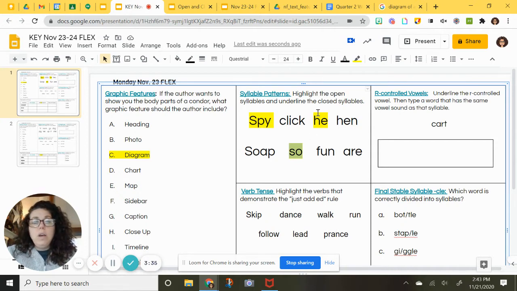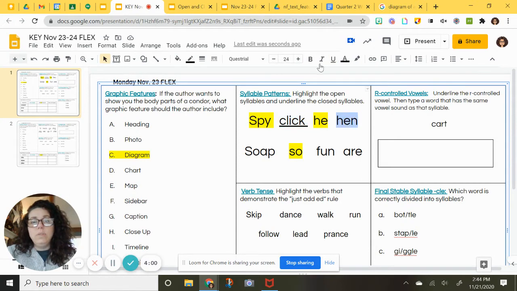So now let's go on and find our closed syllables. Remember, these are going to make the short sounds. A, I, A. Those are the short sounds. Okay. Click. I. I is a short sound. Yes. Hen.